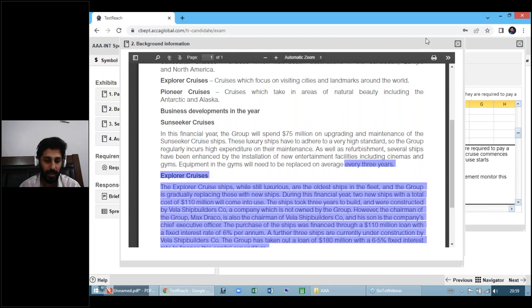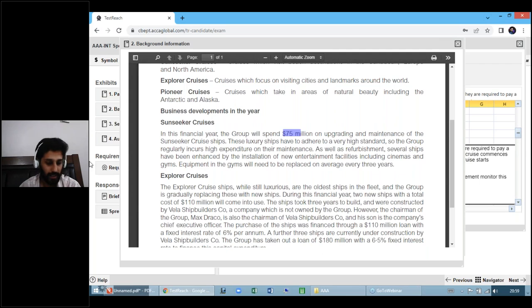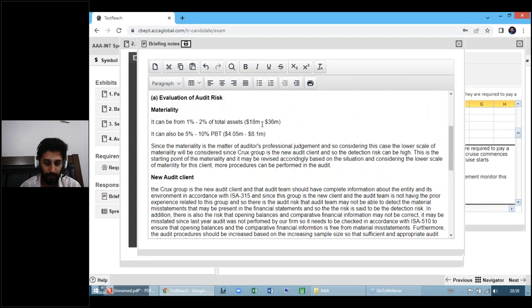Now, they are spending 75 million on upgrading, right? Now you had calculated the materiality level. 75 million is very much important for me.